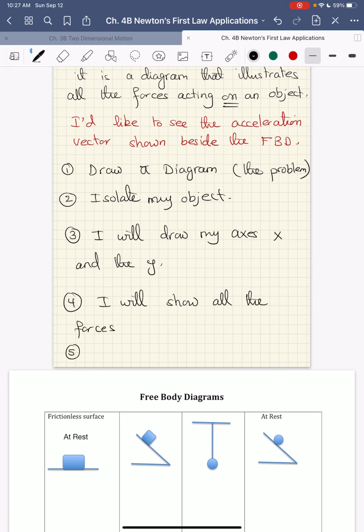I should label all the forces and angles as well, because they are going to be very important in the solution.